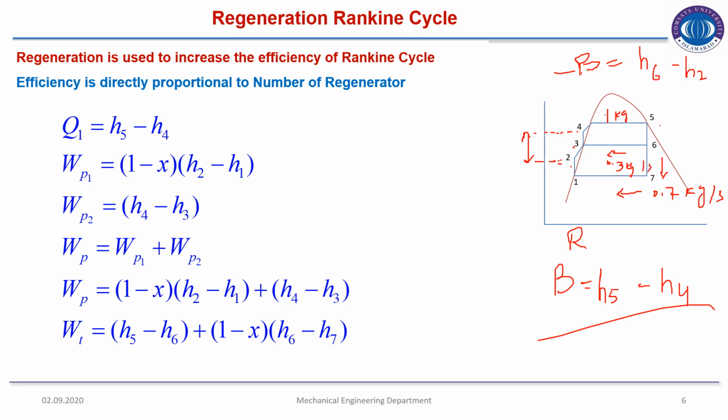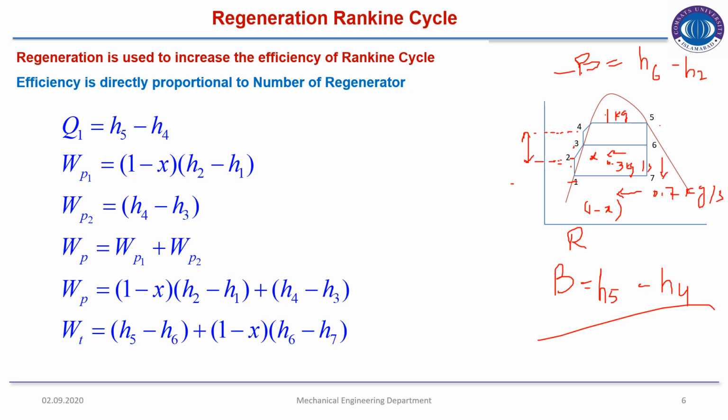So you see that through pump 1, because we multiplied with the mass, the enthalpy value is reduced. So the value of enthalpy is H2 minus H1, that is 2 and that is 1, but multiplied by 1 minus x, because x is the mass that is flowing through the regenerator.